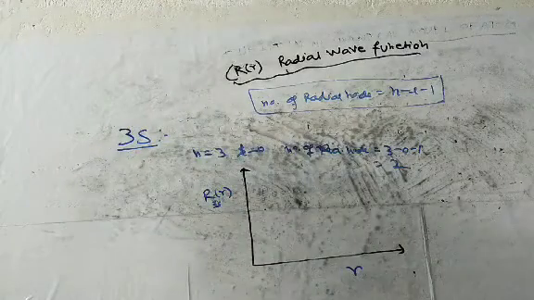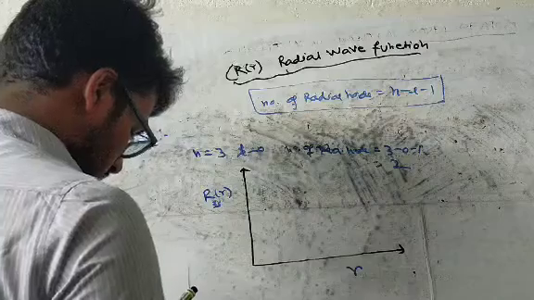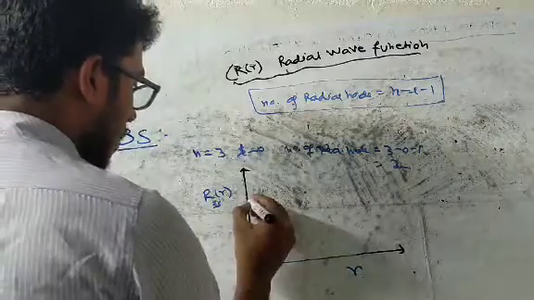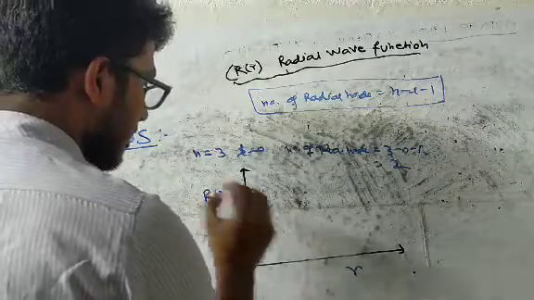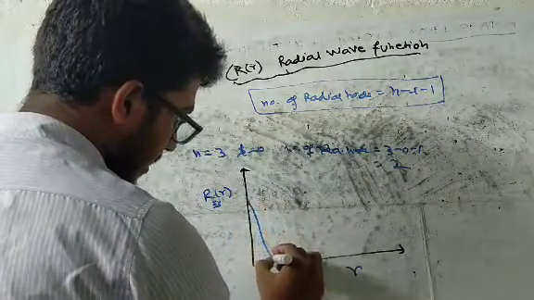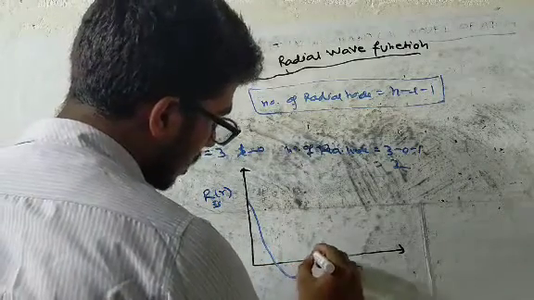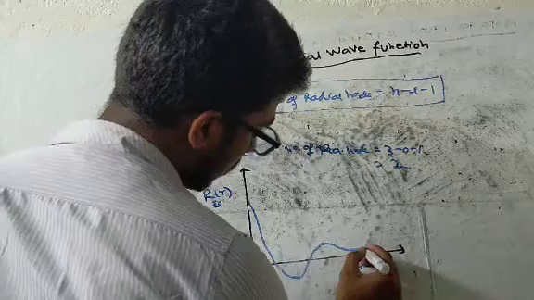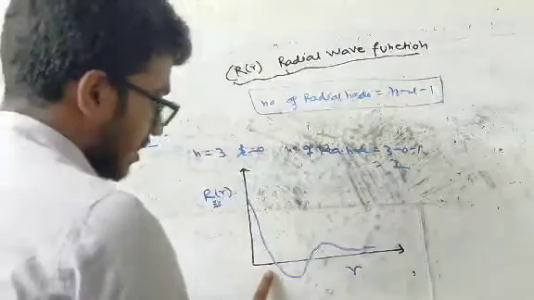Now that means my curve will start from the y-axis. And as r increases, my curve will decrease, and it will touch the axis one time, two times, and then it goes like that.